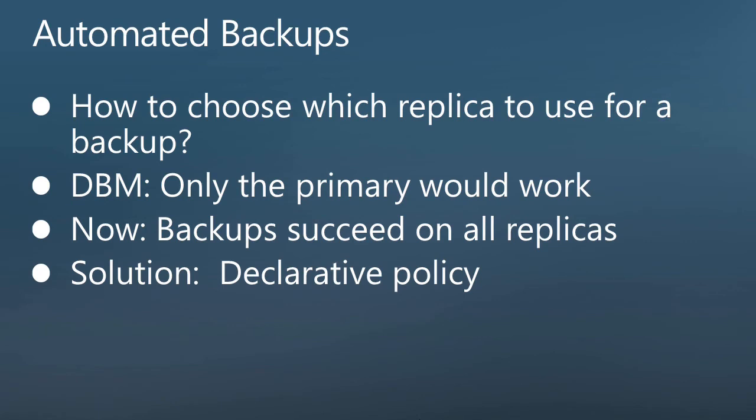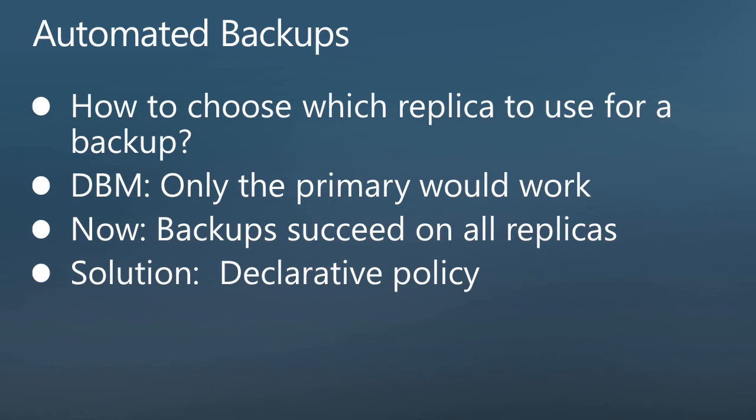You can't depend on the backup on the wrong node failing. It won't. They'll both succeed, which is probably not what you want. Additionally, if you want to do the backups on secondary, you can't just ask, am I not the primary? Because that's no longer a unique answer. You can have multiple secondaries. Which one? Do all the secondaries do backups? That's not what you want. So there's more to the problem now than there used to be.